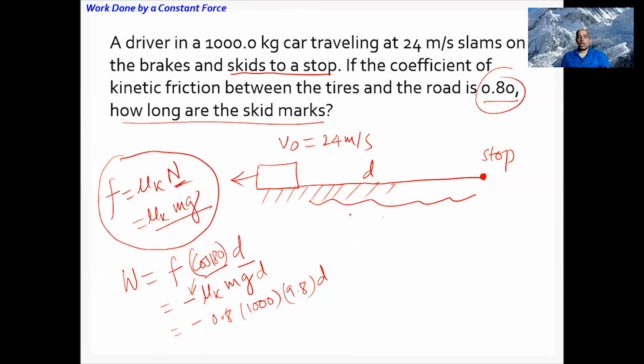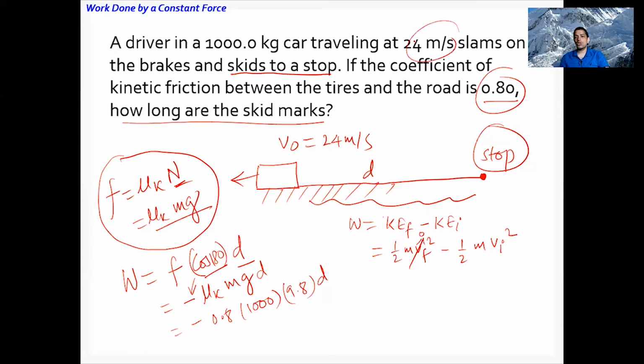Let's use the work-kinetic energy theorem. Work done equals KE final minus KE initial. Finally, it will be at rest, so KE final is 1/2 m vf squared, which is 0, minus 1/2 m vi squared. We know the initial velocity is 24.